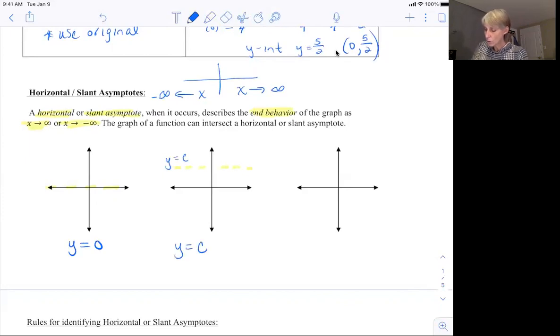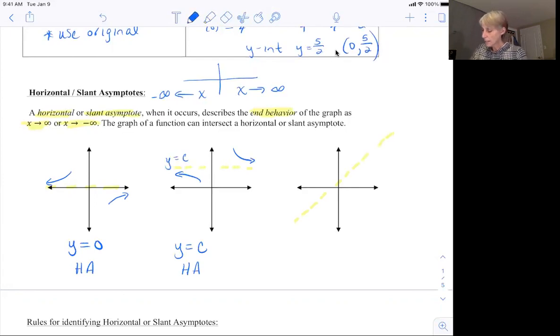So as x goes to infinity or x goes to negative infinity, our graph is going to settle at 0, or our graph is going to settle at some number. Each of these are considered horizontal asymptotes. And that number would be the same from either side. Then we have this thing called a slant asymptote.